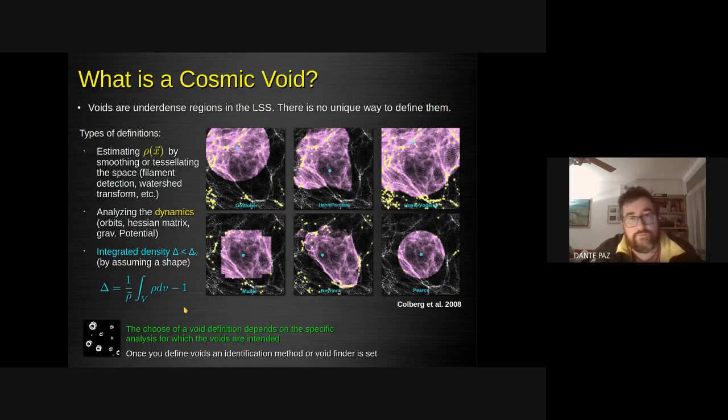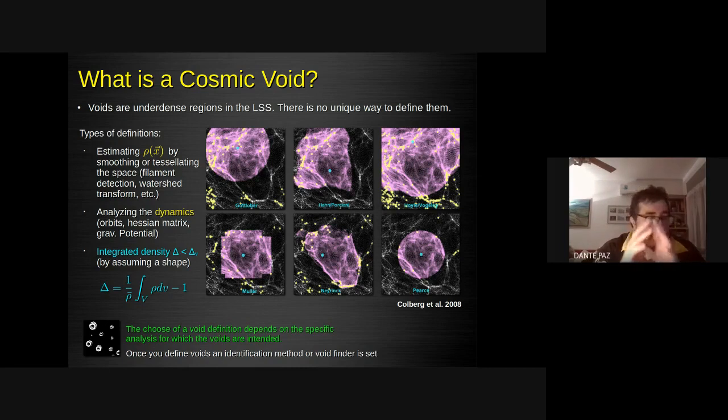Before going further, we need to define what a void is, and the problem is there is no unique way to define them. Here we have some examples of void definitions. We can classify them into these three types. We focus in this talk on the third type, which uses this quantity delta, the integrated density contrast, which is the total amount of matter in a given region in comparison with the mean density of the universe.